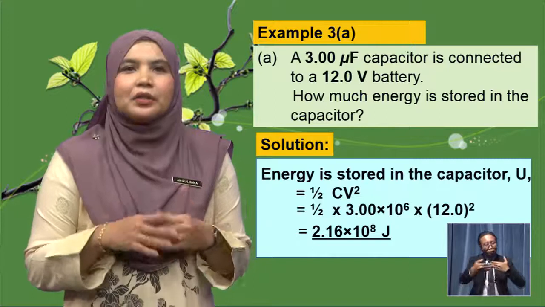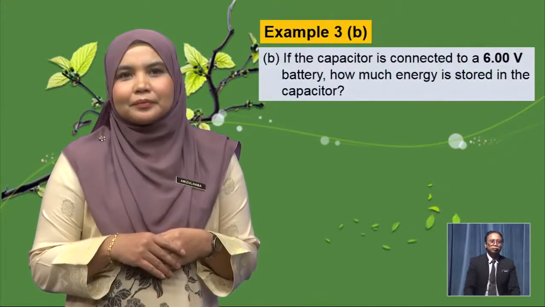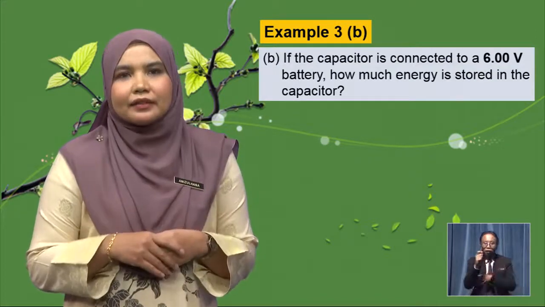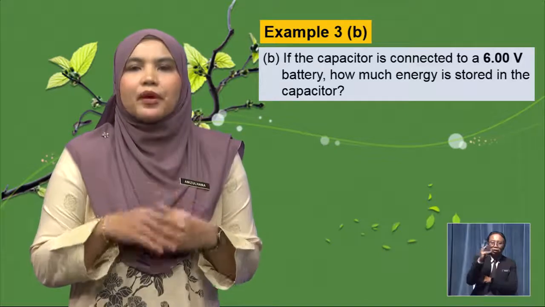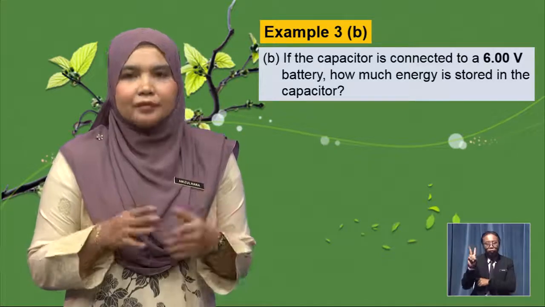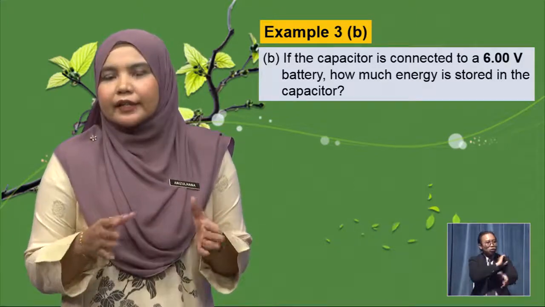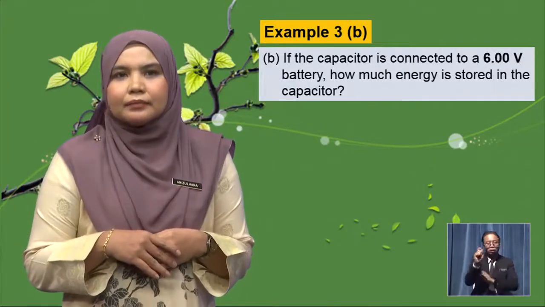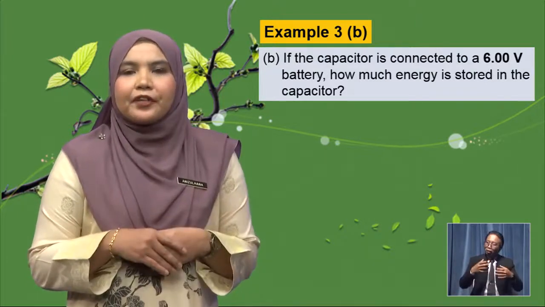Next, look at example 3b. If the capacitor is connected to a 6.00 volt battery, how much energy is stored in the capacitor? Let's try to solve it.